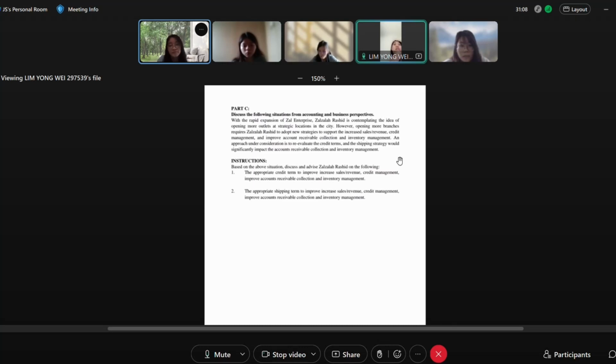What do you guys think? I think maybe yes. So I think the first point that we have to list down is maybe about the cost and risk of the inventory loss during the shipping process. I think this one we have to write in the essay.